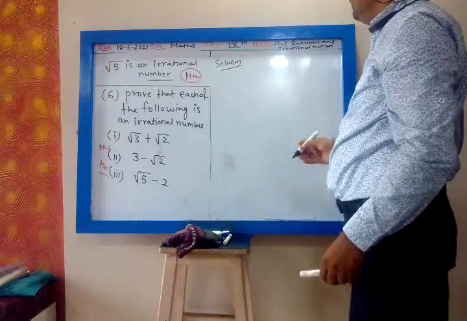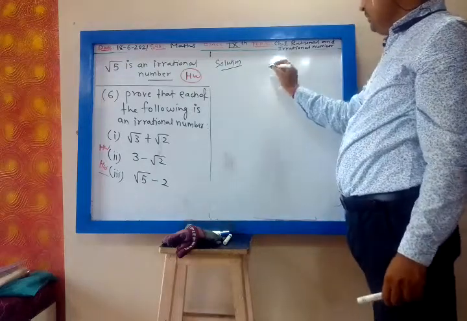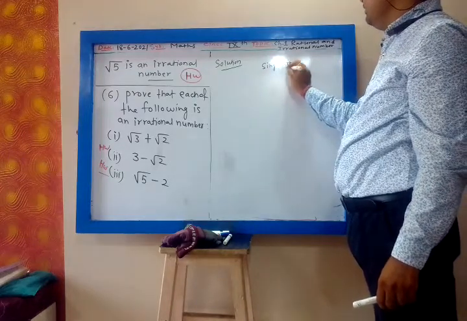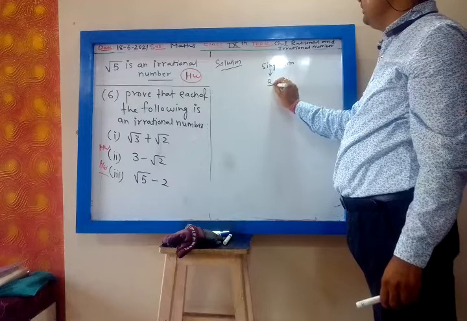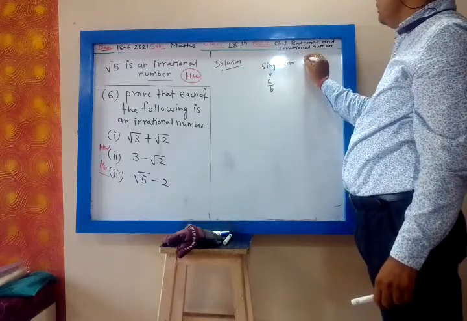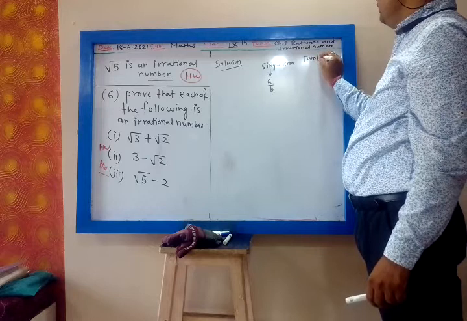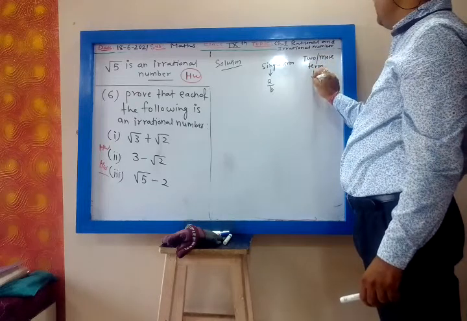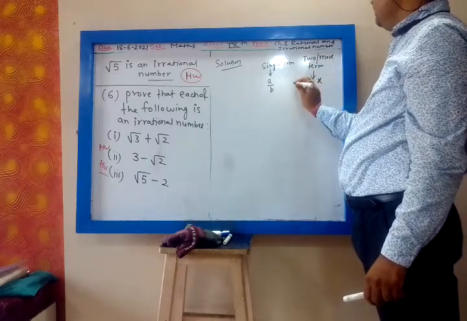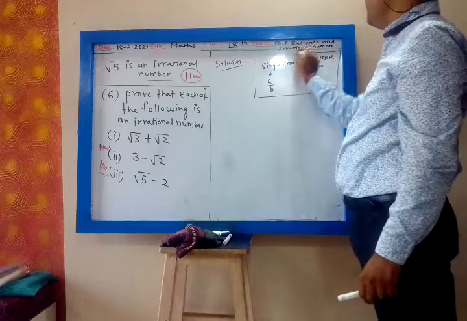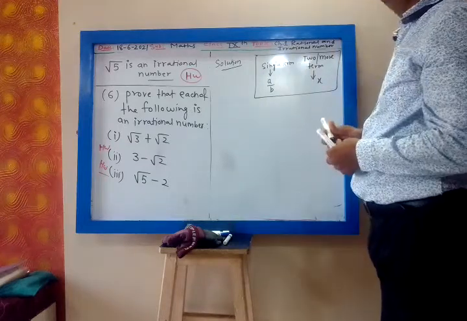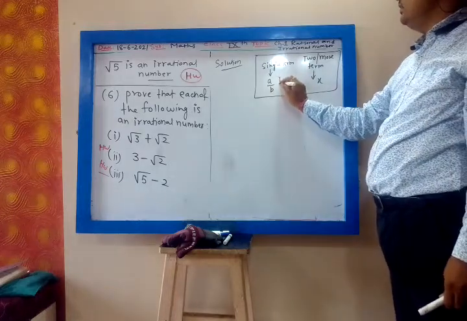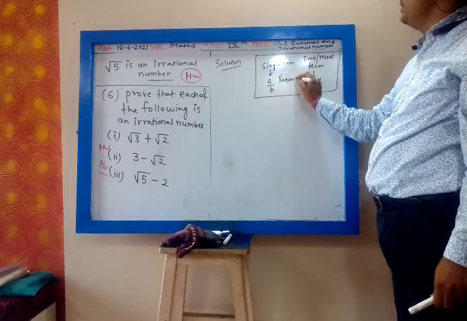Whenever there is a single term, like root 3 or root 5, we take the rational number as a by b.